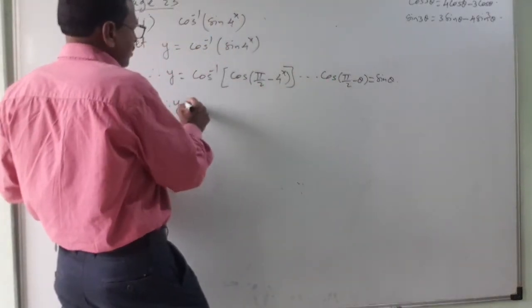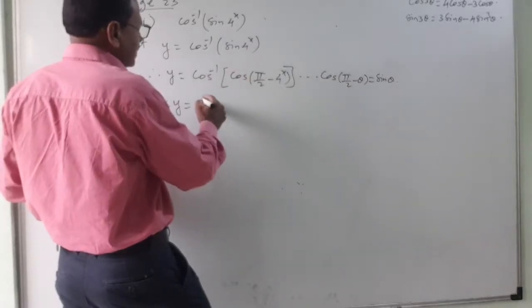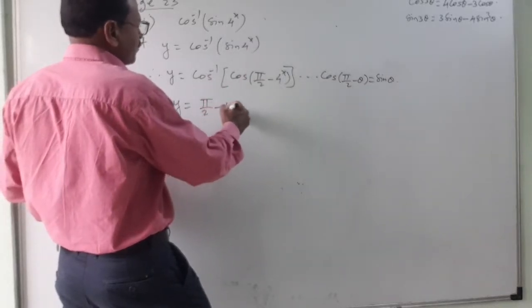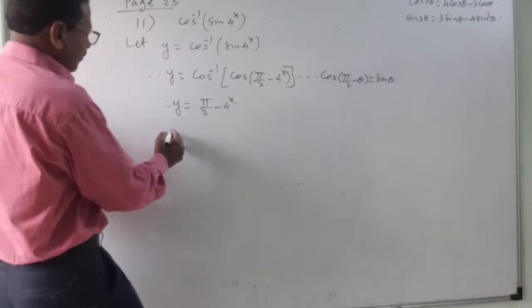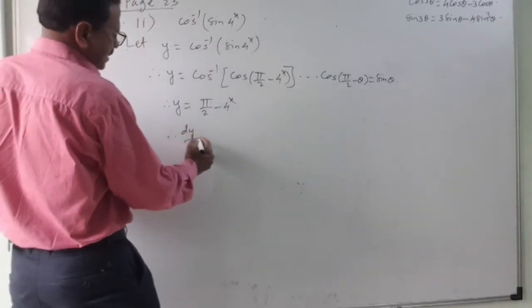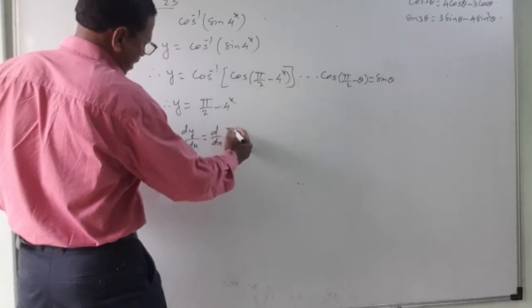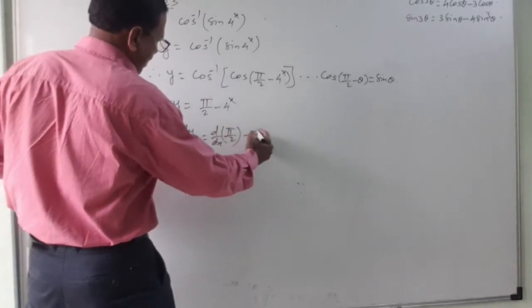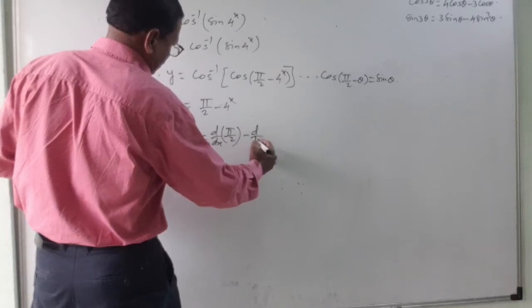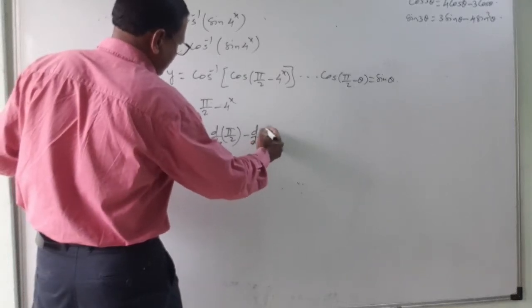Therefore, y is equal to, now this cos inverse and cos will get cancelled, pi by 2 minus 4 raised to x. Therefore, now dy by dx is equal to d by dx of pi by 2 minus d by dx of 4 raised to x.